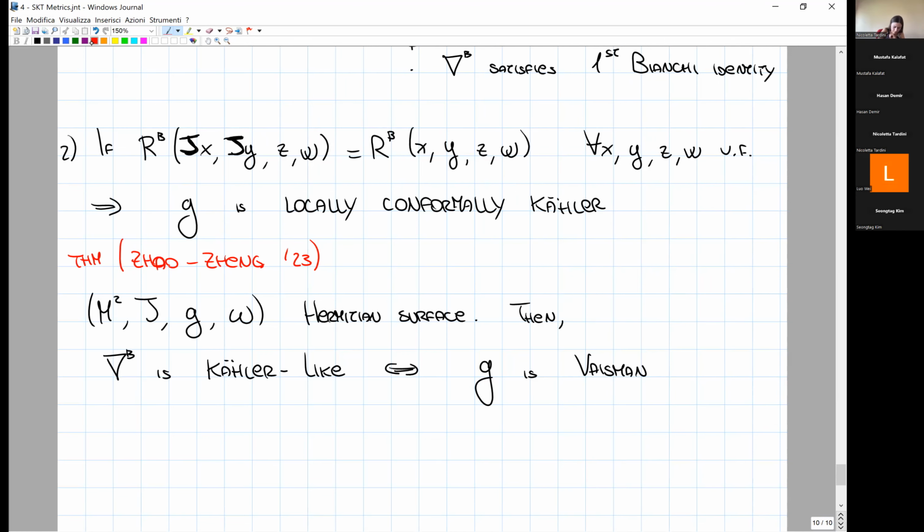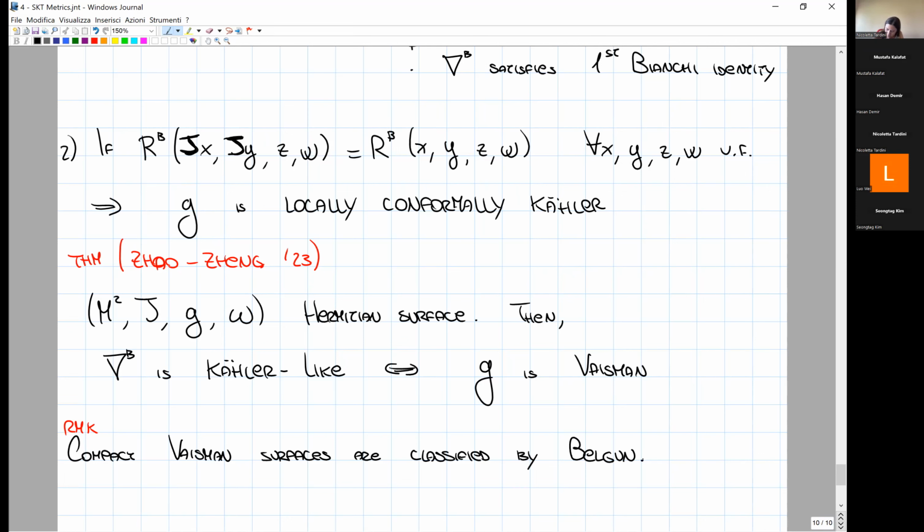Just a remark that compact Vaisman surfaces are classified. Okay, just so you know, they are classified by Belgun.